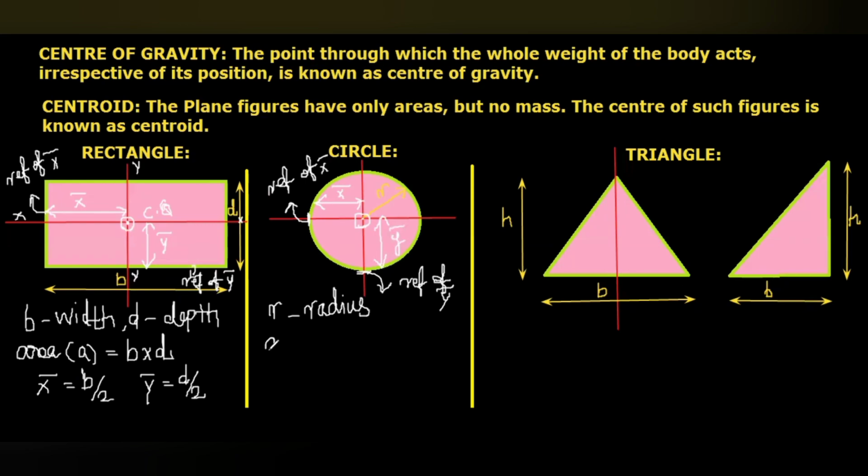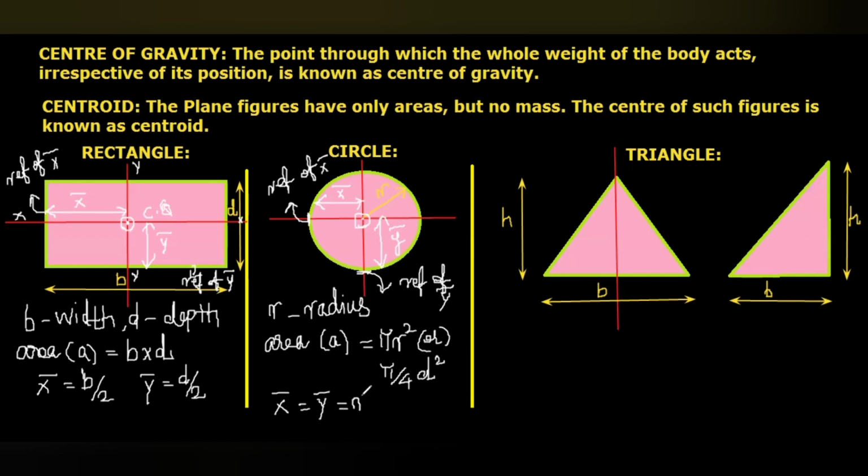And then we know that the area of the circle is pi r square in terms of radius, or if it is given in terms of diameter, pi by 4 d square. X bar, Y bar, everything is radius here. That is for the circle.